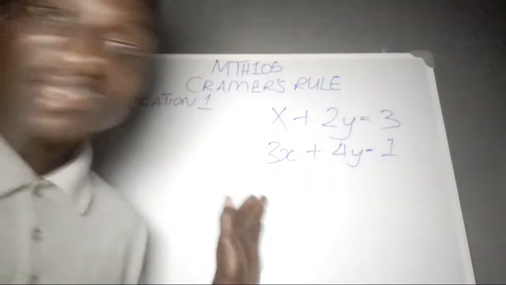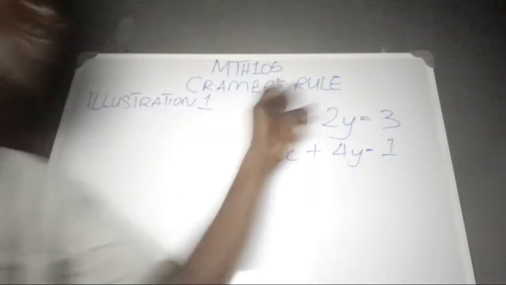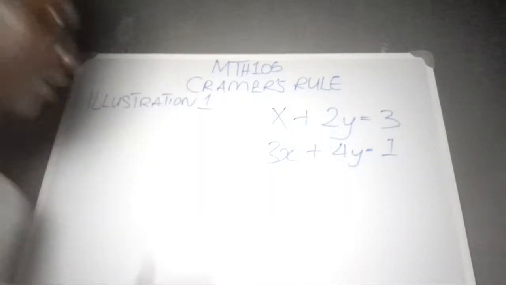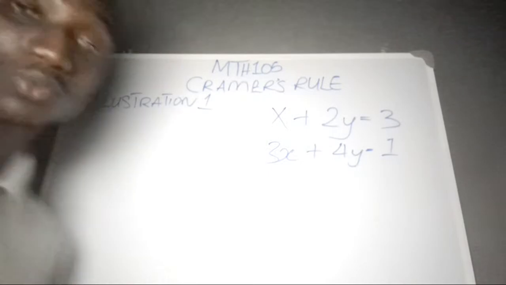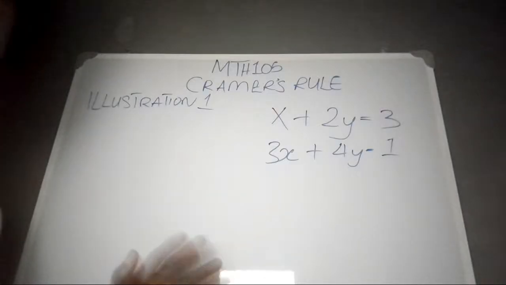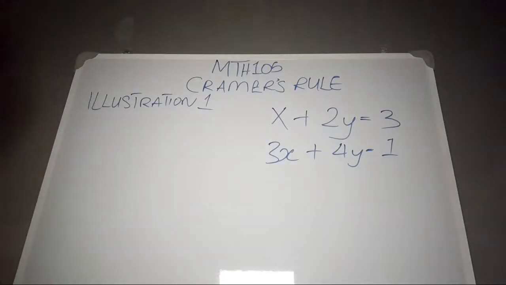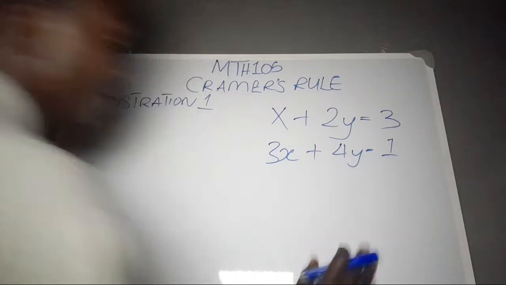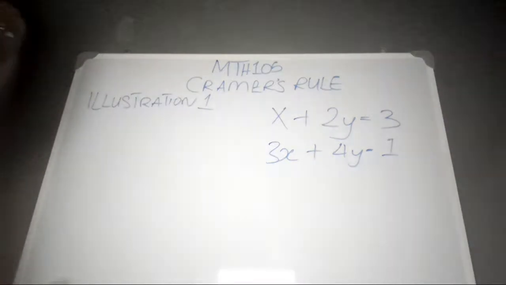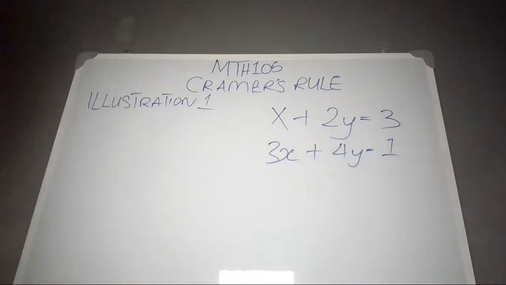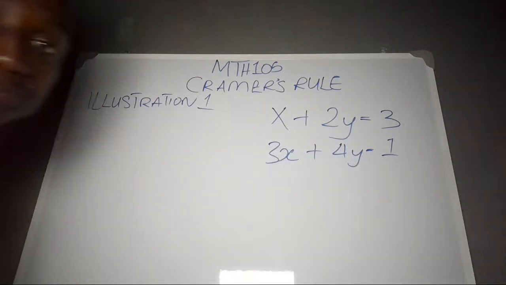So today is all about using Cramer's rule, and just like every matrix operation has an implication of the rule, so does Cramer's rule. For today, we're solving something like this for the first illustration. I'll be having something much more than this as we proceed.